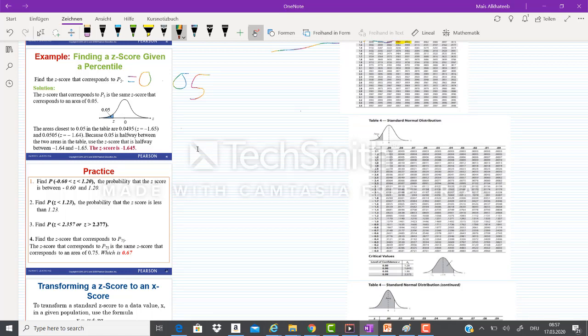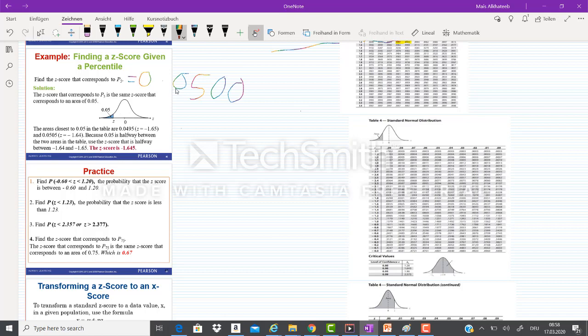I know that the area always has 4 numbers after the point, therefore I add two 0s. B5 is 5%, so I write 0.05, and I add two 0s because I know that the area is 4 numbers after the point.